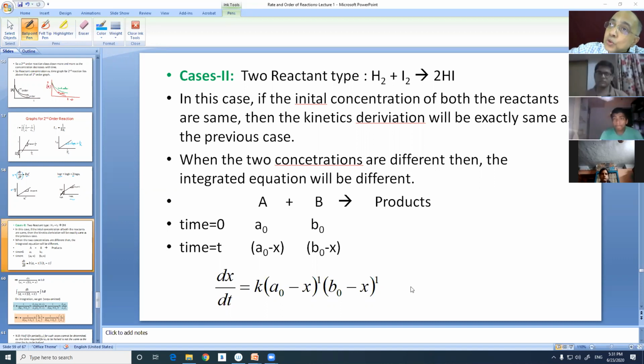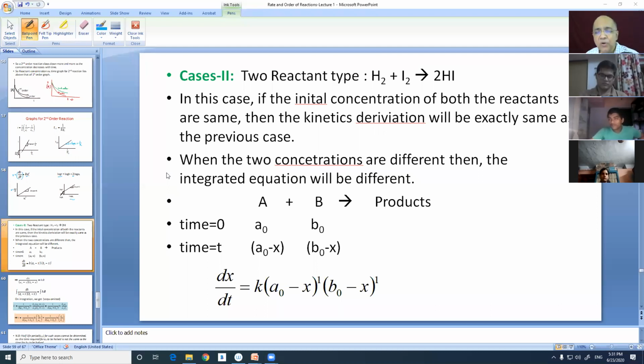That is reduced to the same integrated law that we had before. Therefore, I have written that when the two concentrations are different, then the integrated equation will be different. But here, if the initial concentrations of both the reactants are the same, then the derivation will be reduced to the previous integrated law.